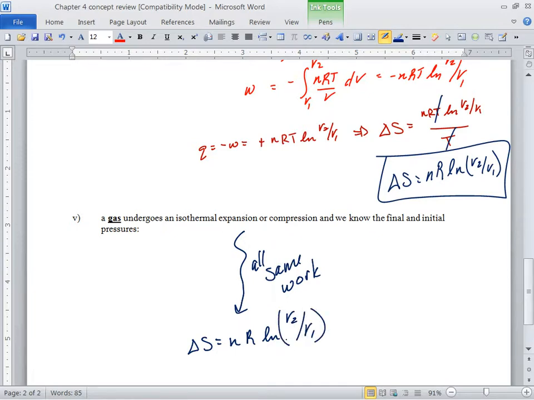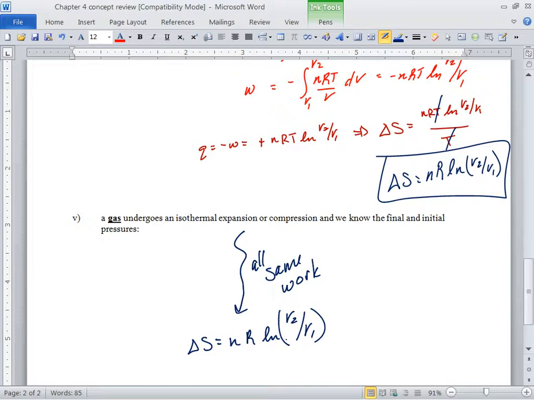Then if you play around with the ideal gas law, you can substitute in the P's. To go from this step to your final answer, you need to set up an equation involving the ideal gas laws, V1s and V2s, T1s and T2s, and P1s and P2s, on both sides. Cancel what you can, and you're going to get a relationship. Solve for V2 over V1 and see how the P's look, and then substitute them in.